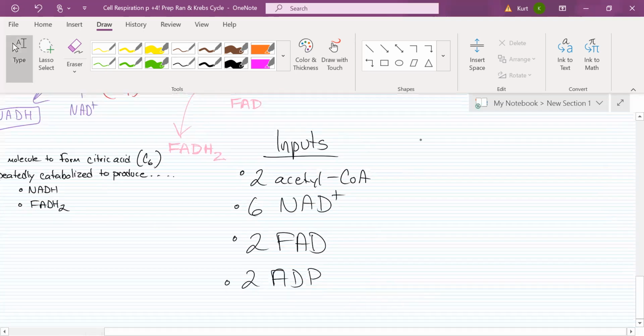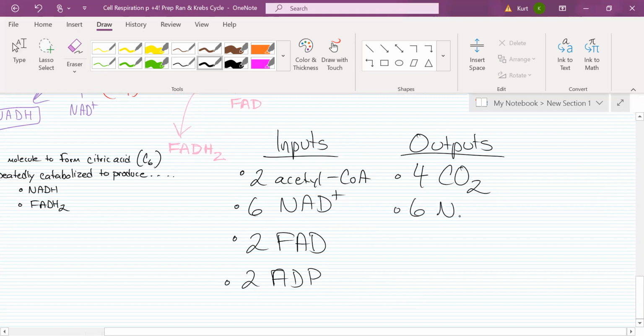Okay. Outputs. How many carbon dioxide molecules? 4. How many NADHs? 6. How many FADH2s? 2. How many ATPs? 2.